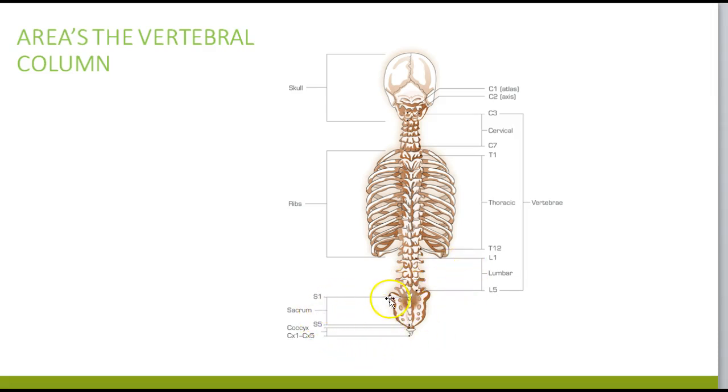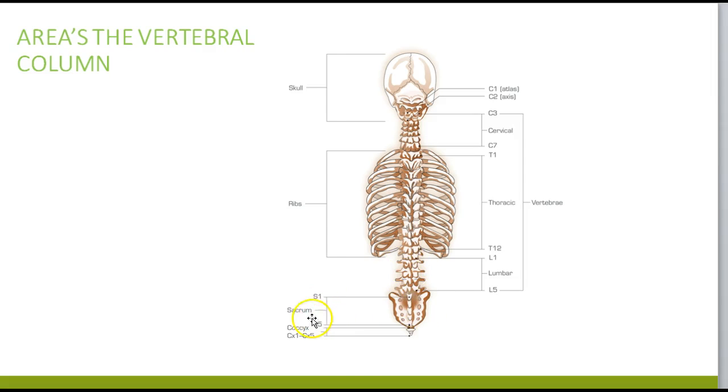Okay, so then we have S1 to 5, which is our sacrum. This is fused. All of the rest of this is movable. Having said that, the thoracic part of the spine is the most immovable, and the most movable is the cervical part of the spine, which is easily damaged, and the lumbar part of the spine.